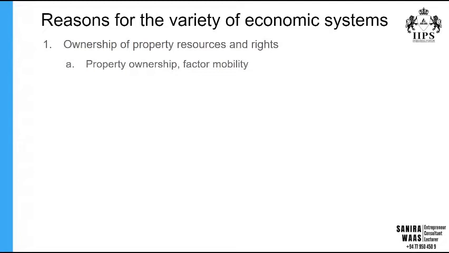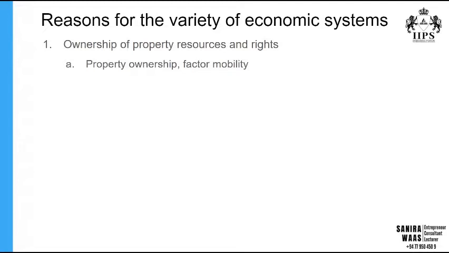Here, we question who owns the property resources. Property resources are, for example, land, labor, capital and entrepreneurship. We ask who owns these property resources, and who has the rights to sell them and get an income out of them. The question is all about property ownership and factor mobility.